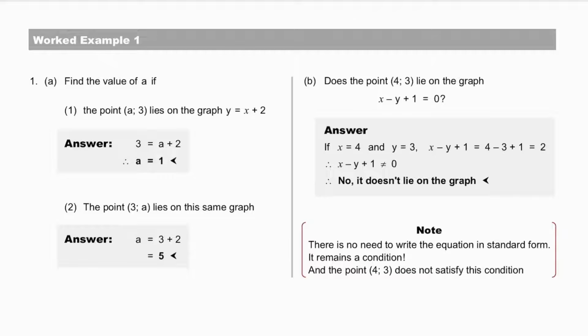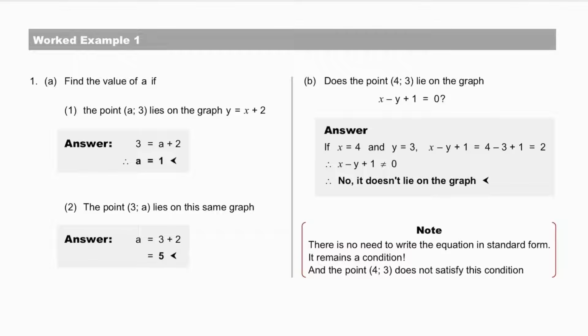Since A, in the first place, is the x-coordinate of that point, we replace x by A in the equation to find A. And since in the second example, A is the y-coordinate, we replace y by A to solve for A in the second question. Does the point (4, 3) lie on the graph x minus y plus 1 equals 0?